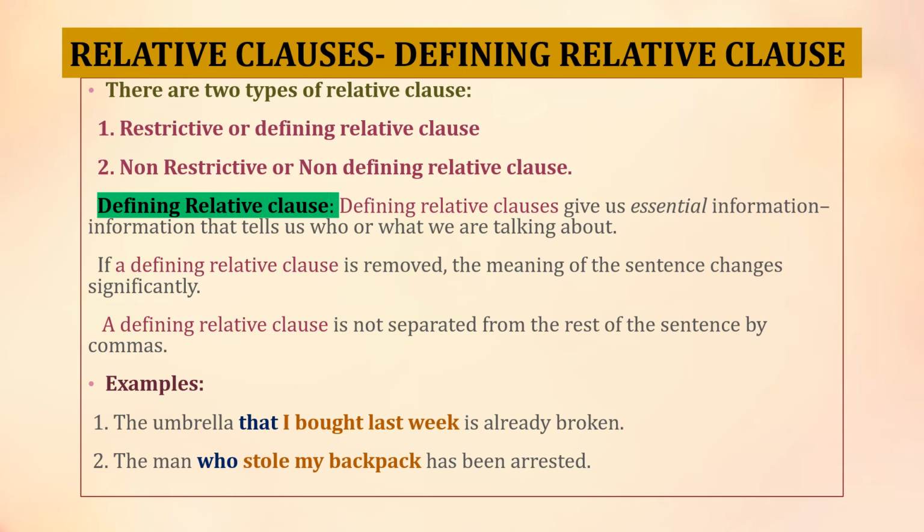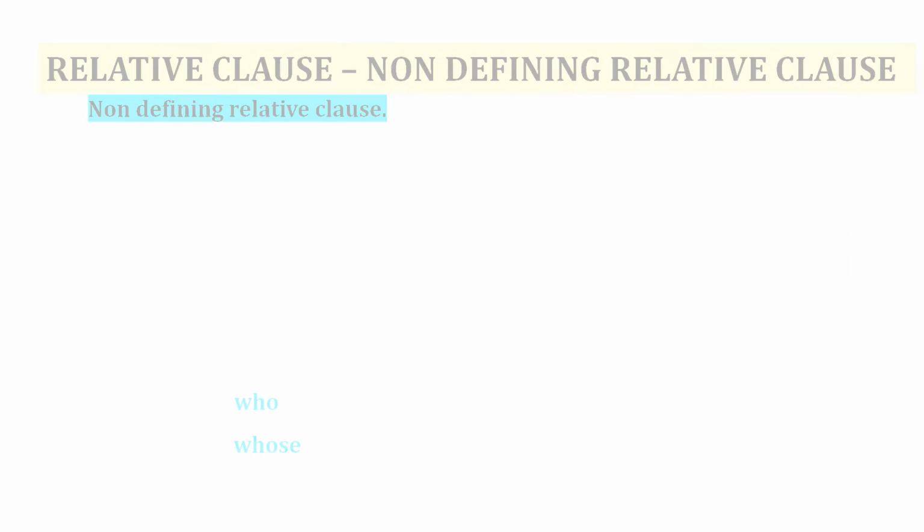If we observe the next example, the man who stole my backpack has been arrested. Here who is the relative pronoun and who stole my backpack is a relative clause. If we remove this relative clause, the man has been arrested doesn't give complete meaning.